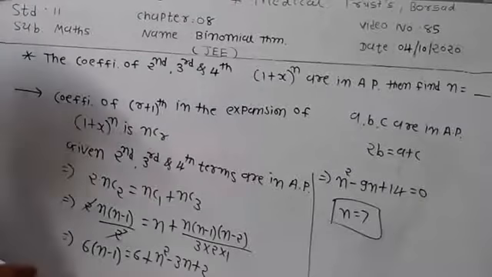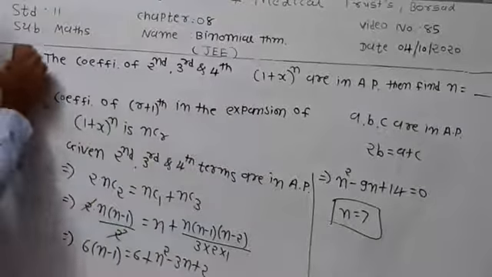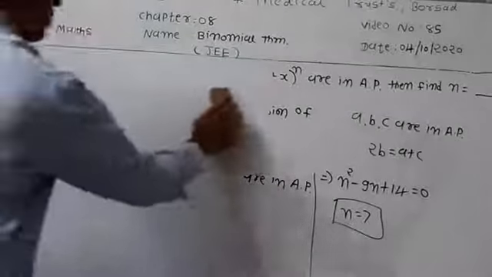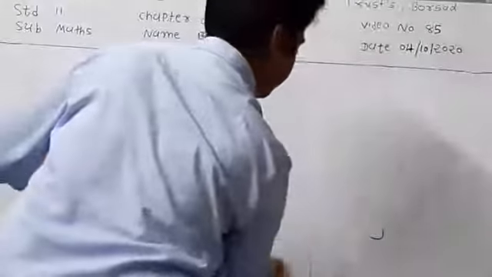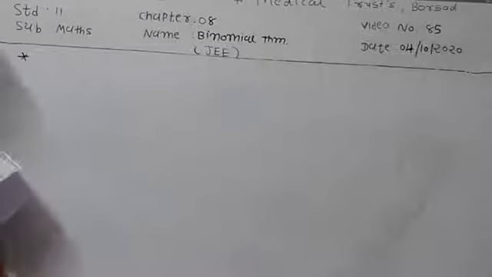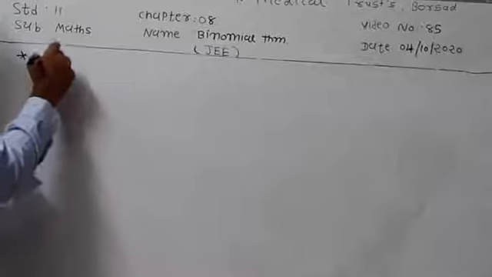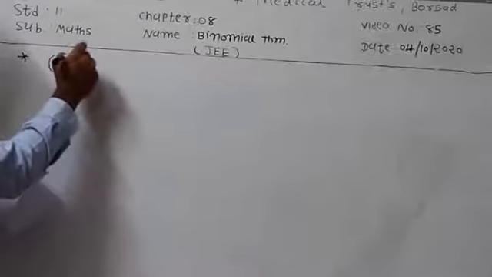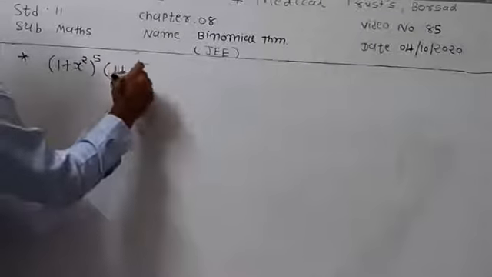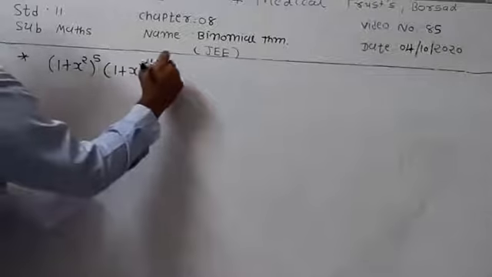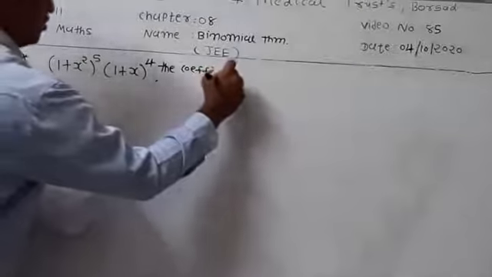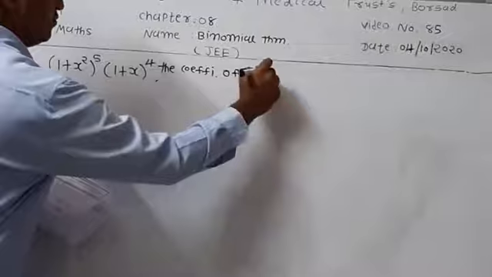Now next question. In the expansion of (1 plus x square) raised to 5 times (1 plus x) raised to 4, the coefficient of x raised to 5 is.